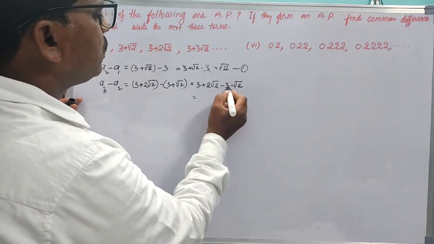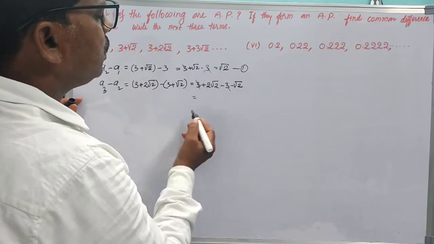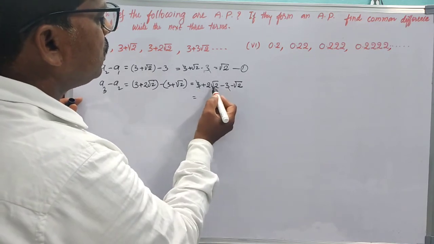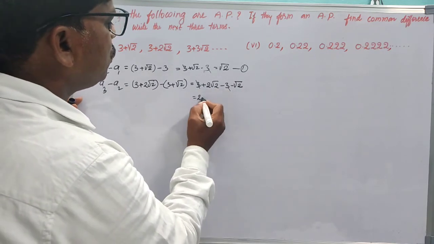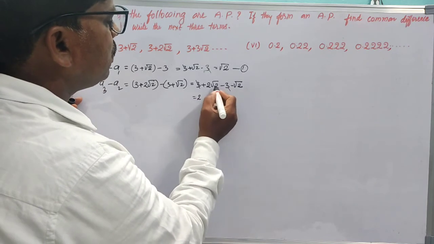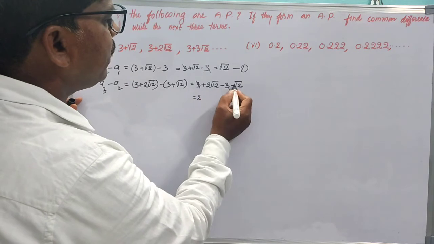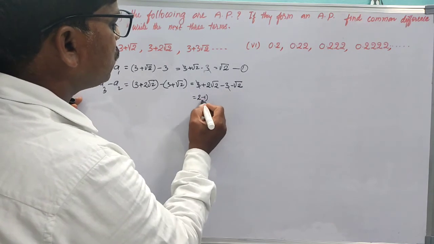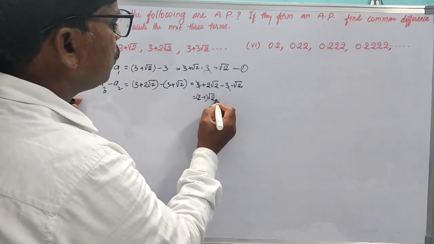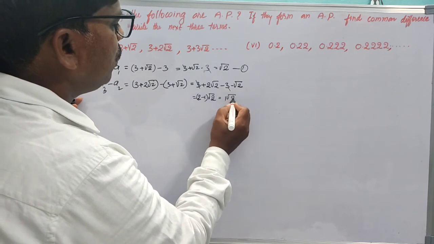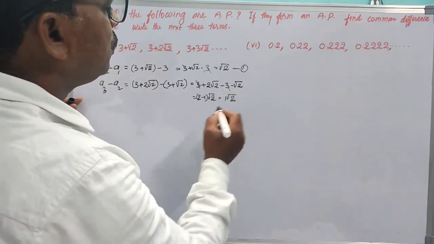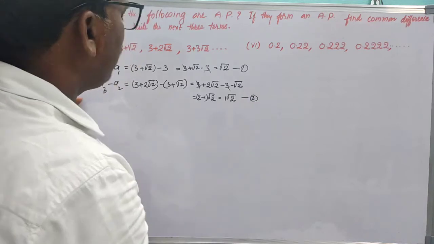So minus 3 plus 3 cancel. Now see this, this is 2 root 2 and this is 1 root 2. So we can write 2 minus 1 into root 2, which is equal to 1 root 2. Okay, so let it be 2.